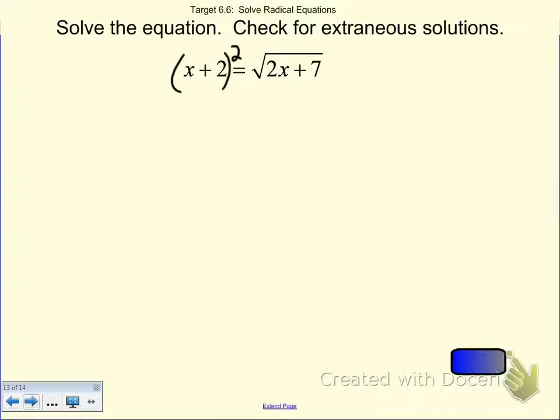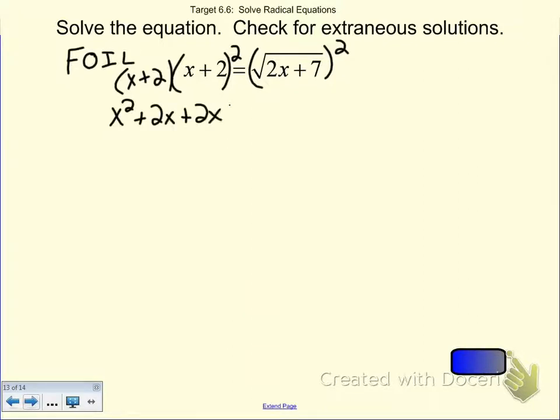So that means we're going to use that forbidden math F word that I am not allowed to say, but I'm allowed to write. So x plus 2 times x plus 2. We're left with x squared plus 2x plus 2x plus 4 equals, on the right-hand side, 2x plus 7.